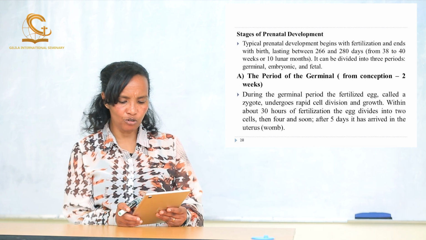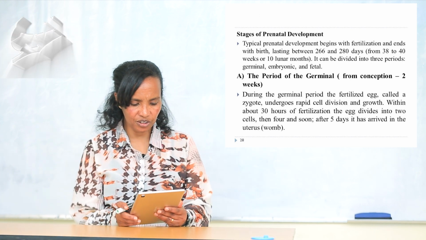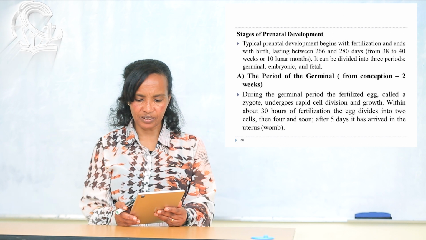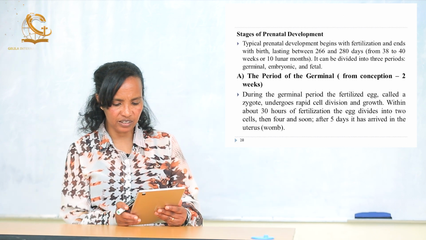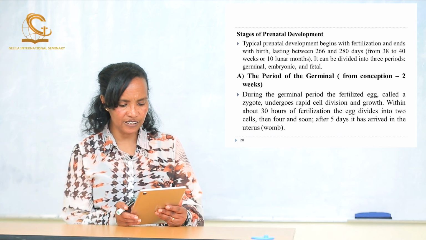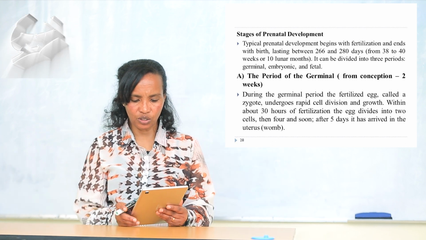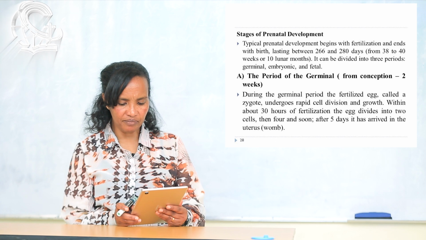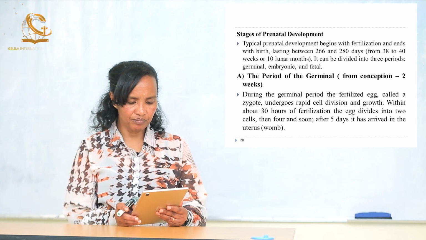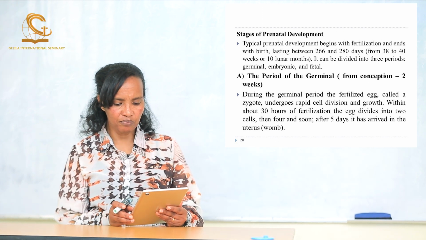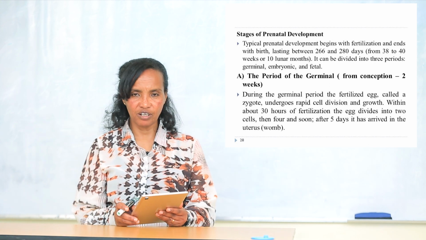Typically, prenatal development begins with fertilization and ends with birth, lasting between 266 to 280 days, or from 38 to 40 weeks, or 10 lunar months. It can be divided into 3 periods: germinal, embryonic, and fetal period.